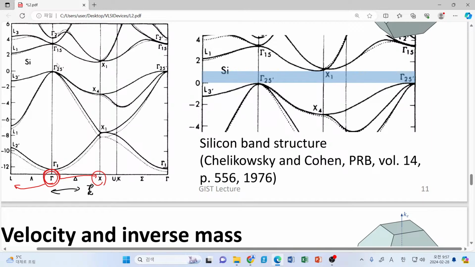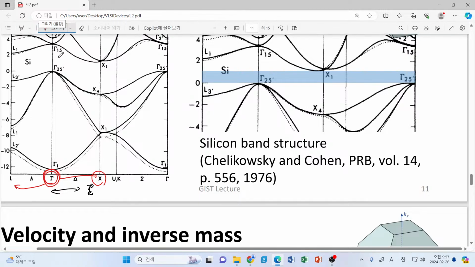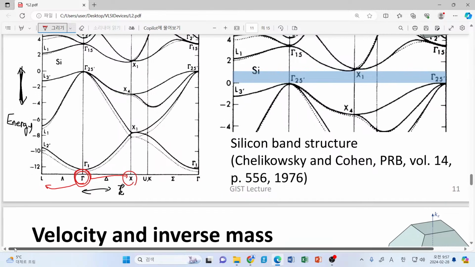This is just partial information for drawing purposes. I mean that in actual calculation we must calculate some points even at not very symmetric points. However, when we visualize this band structure, we usually prefer these highly symmetric points.